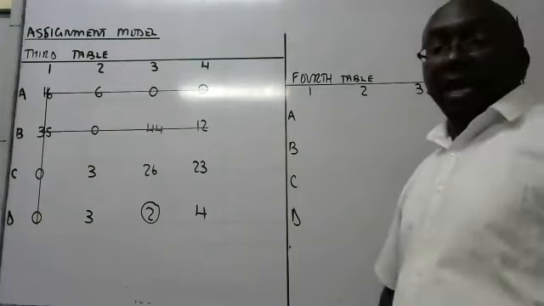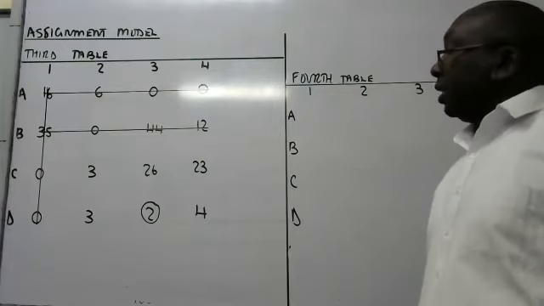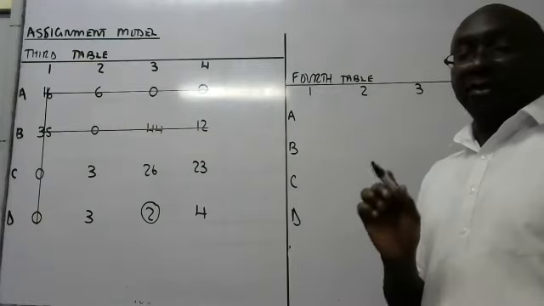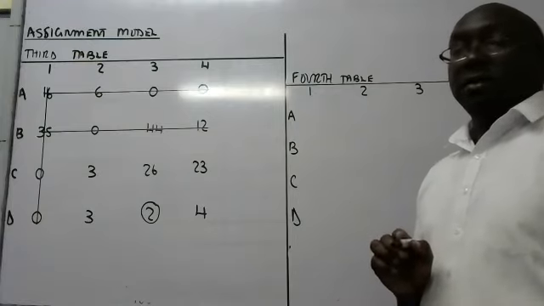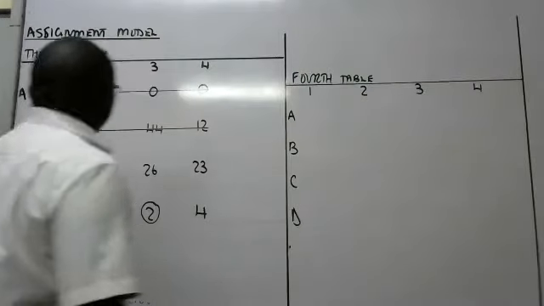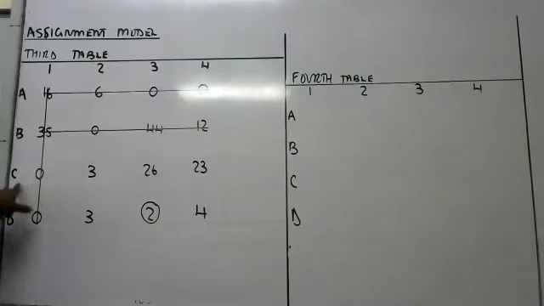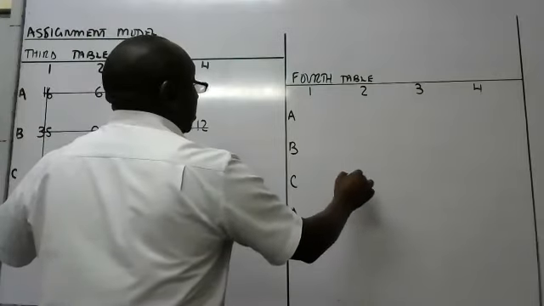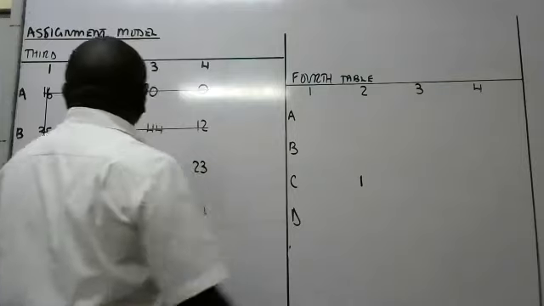The second thing is that smallest value, you subtract it from the values not crossed over. You subtract it from the values not crossed over. So let's come here. C2. So 3 minus 2, that gives us what? 1.